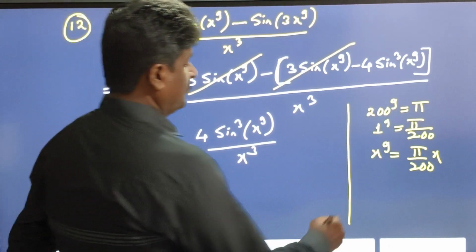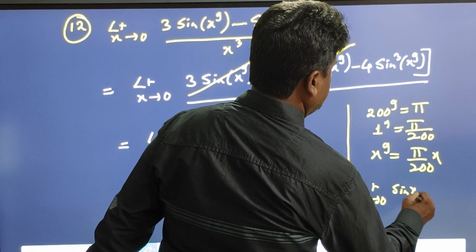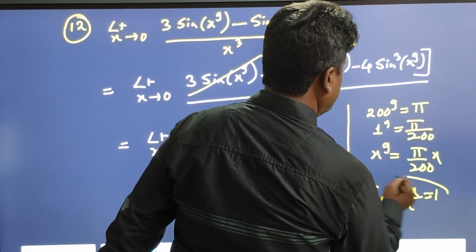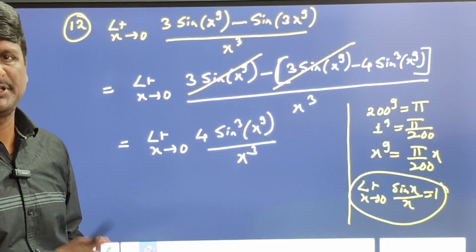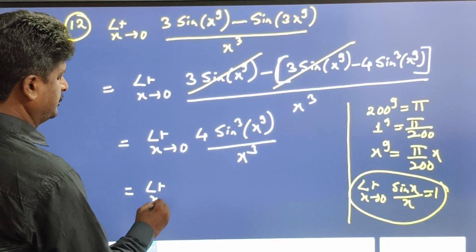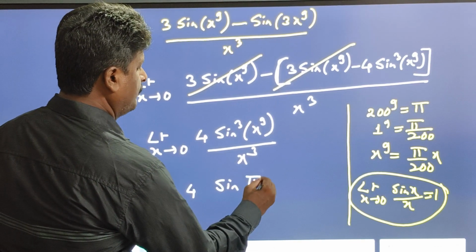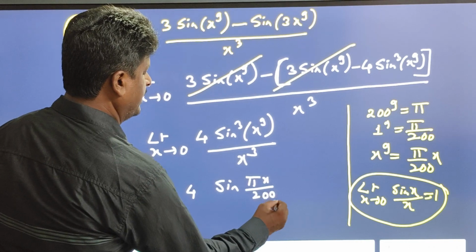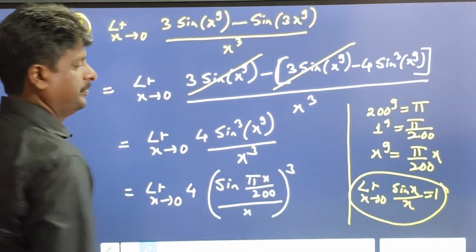And moreover, limit x tends to 0 of sin x by x is equal to 1 is a standard result, or else apply L'Hospital rule, we get the same thing. Limit x tends to 0, 4 times sin of pi x by 200, by x, whole cube.